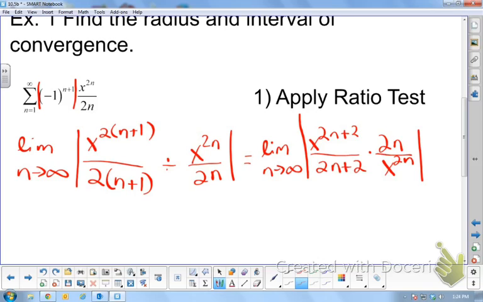The 2n and the 2n plus 2, those are not going to cancel out. But that's okay, because usually we could apply L'Hopital's rule after. But first we had to cancel out the exponents. What do we get when we work with those exponents?